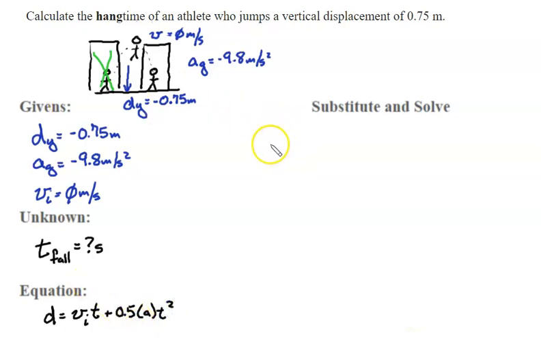Okay, let's substitute. Distance is negative 0.75, and that equals velocity initial, which is 0, times time, which I don't know.